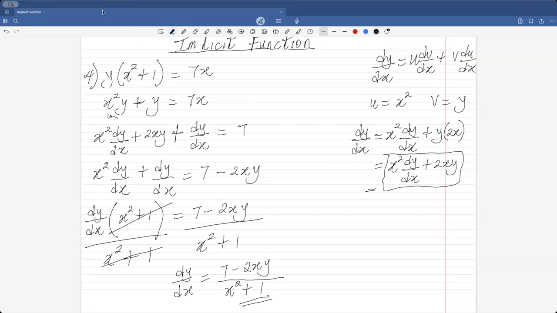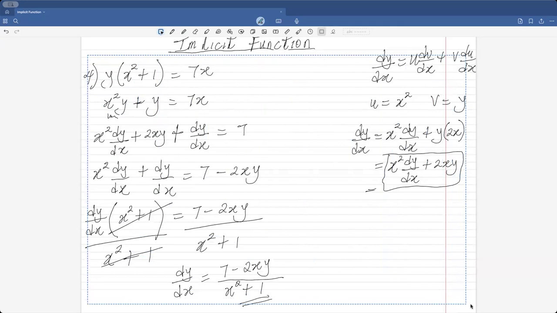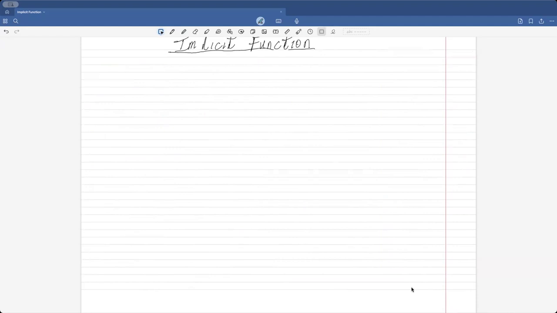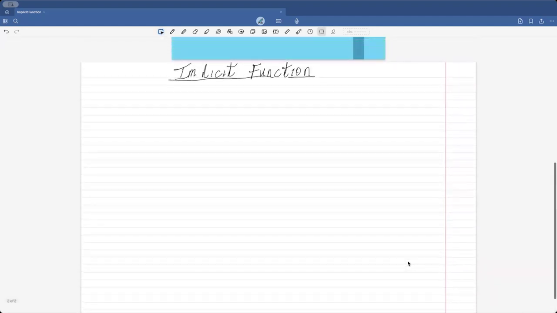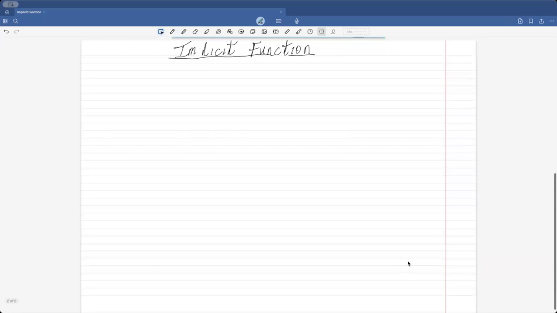So let me solve the last problem, the last but not the least. So let's go with a problem that looks like this.